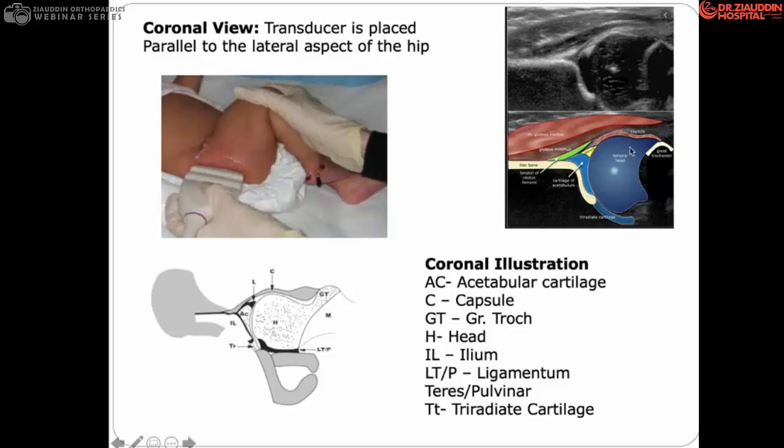So you must see this: femoral head, trochanter, labrum anteriorly. This is the cartilage. This is the capsule. This is the iliopsoas tendon, rectus femoris tendon, and this is the iliac bone, and this is the iliac bony portion of the ilium. This is the triradiate cartilage. I repeat because you must understand this figure easily.